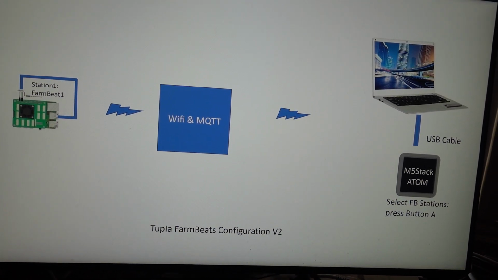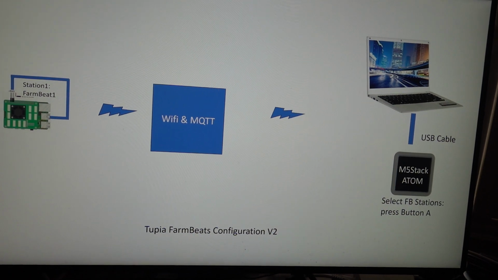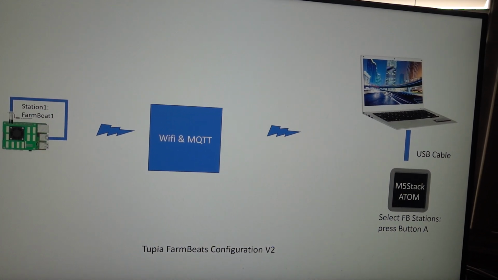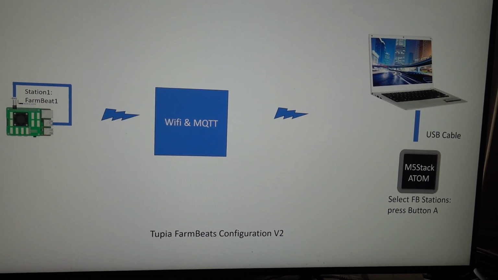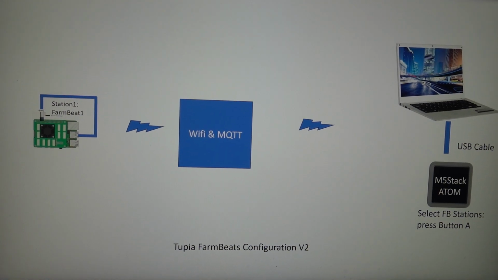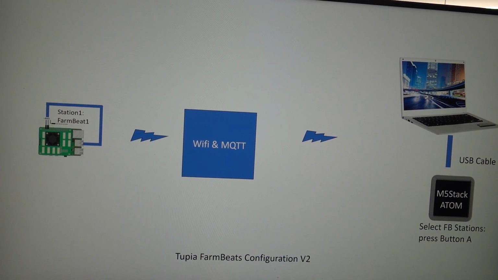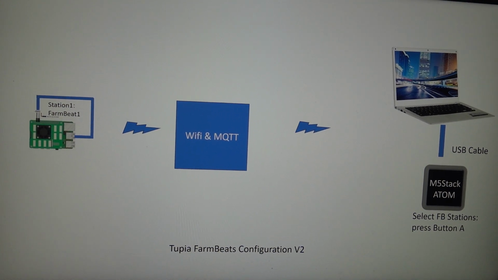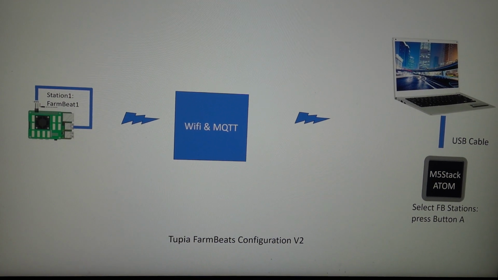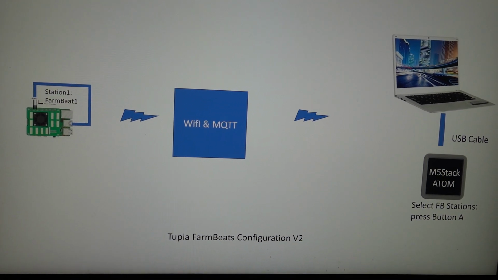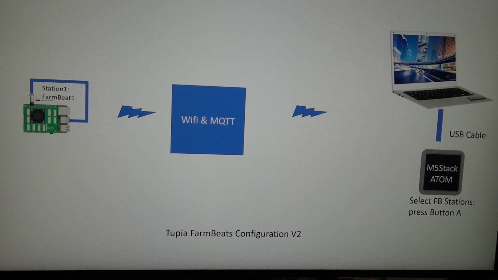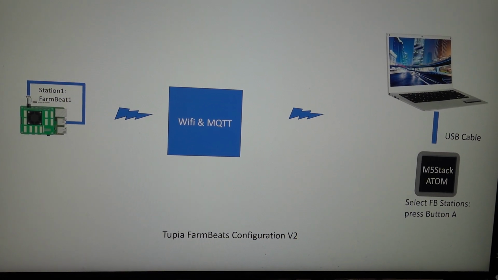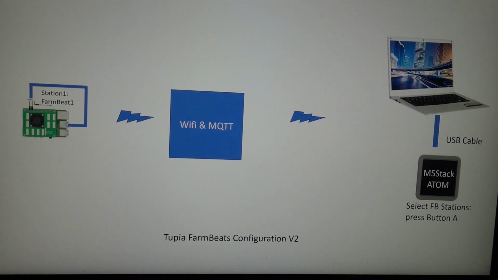But instead of a USB cable to the PC, it goes via a Wi-Fi and MQTT server, and to retrieve the format for FarmBeats, it uses an M5Stack ATOM computer that converts the Wi-Fi and MQTT messages into the Microsoft Data Streamer protocol. And as far as the FarmBeats spreadsheet is concerned, it just looks like the original configuration.